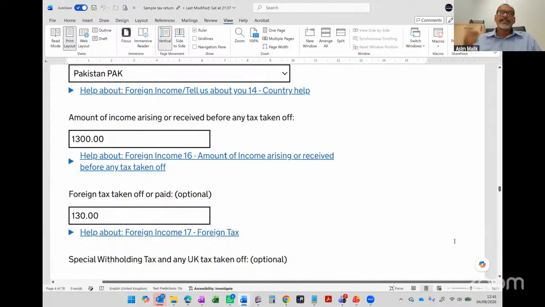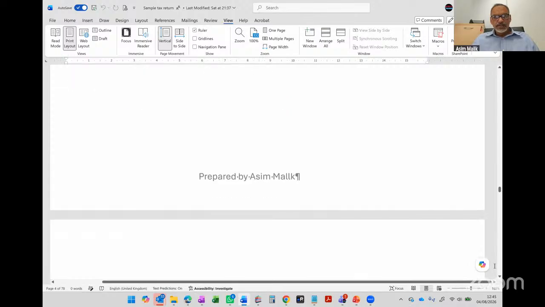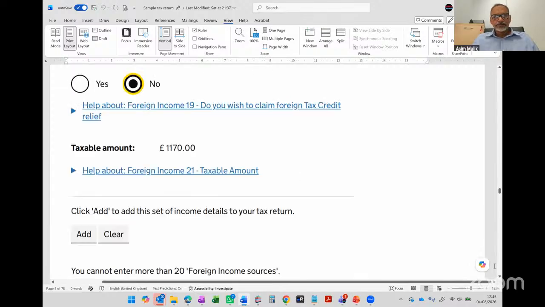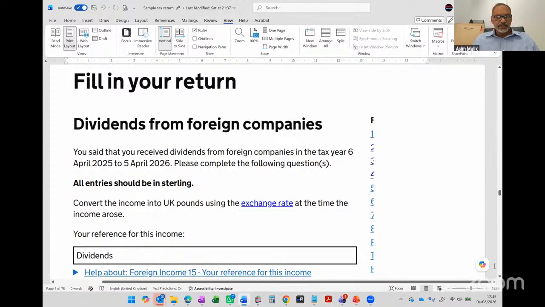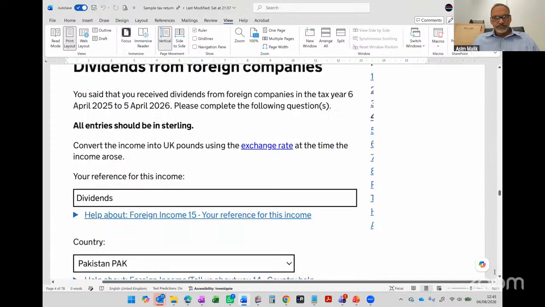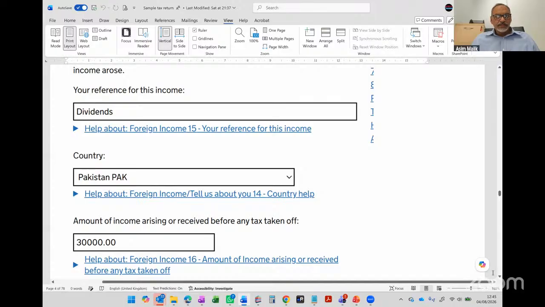You get foreign tax credit against your liability, so just make sure you know how much foreign tax was deducted, the withholding tax. Typically Pakistani banks already deduct tax from your income, so this is something you should know. Again, pretty much straightforward. Sorry, I'm just conscious of the time, so just running past quickly.